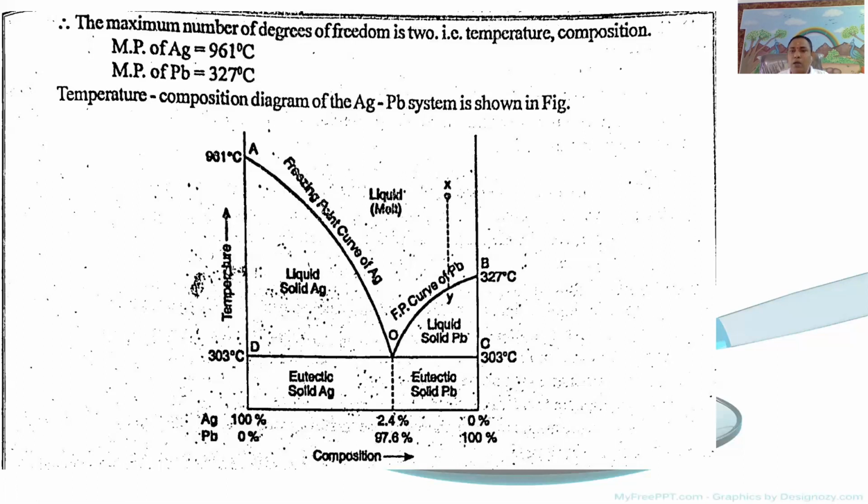The lowered melting point of an alloy containing a constant composition of the metals is called the eutectic temperature. Here the eutectic temperature is less than the melting point of silver, 961 degrees centigrade, and the melting point of lead, 327 degrees centigrade.